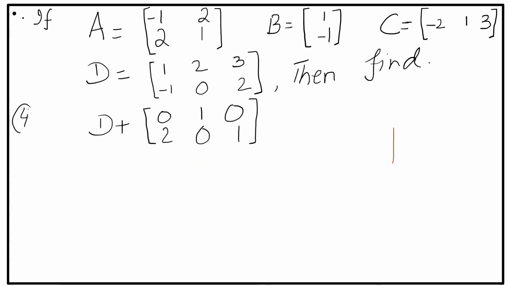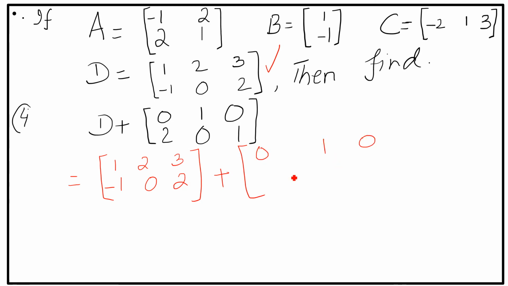Move on to question number 4. And here D plus this matrix. So D is 1, 2, 3, minus 1, 0, 2. This one, it is mentioned here, plus 2, 0, 1. 2 rows, 3 columns. 2 rows, 3 columns.